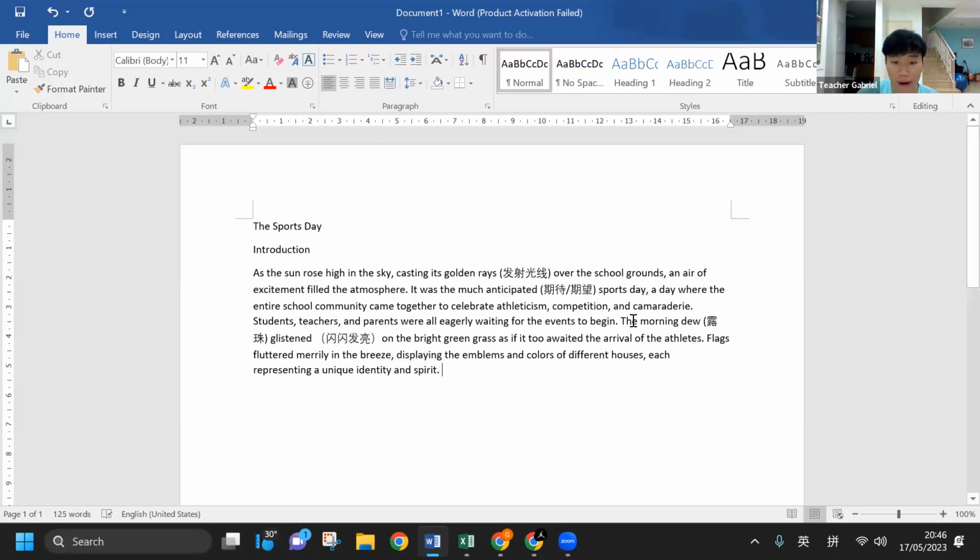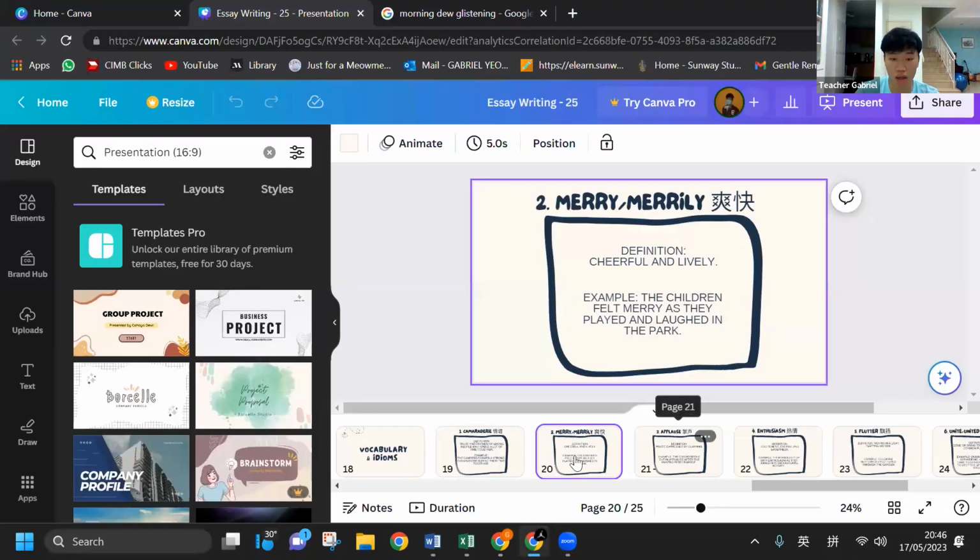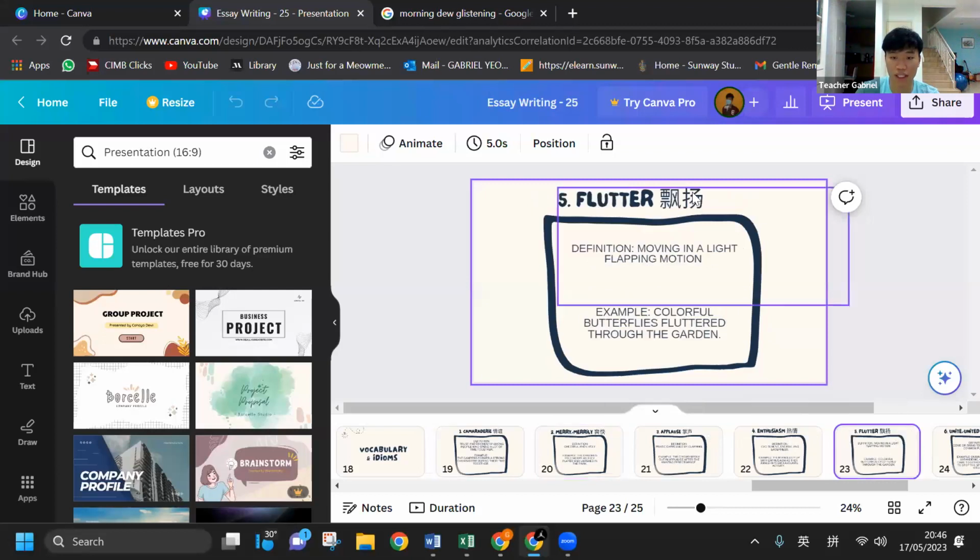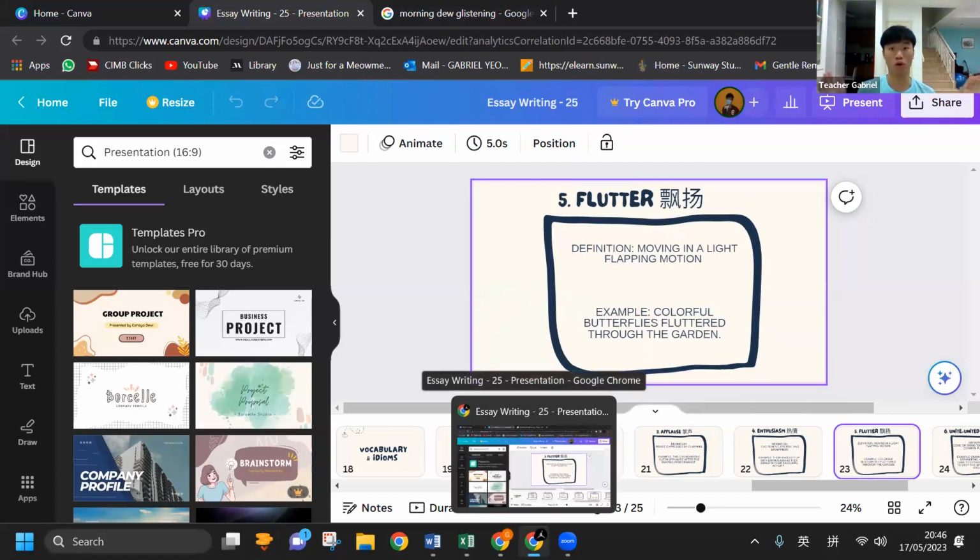So flags fluttered merrily in the breeze. What does that mean? Flutter 是飘扬, like your flags, 你看到它飘扬, that's called flutter, moving in a very light flapping motion. 好像那个 flag 在那边飘, we call that flutter. 好像你的鸟 flutter the wings, 鸟在那边 flap 它的 wings.